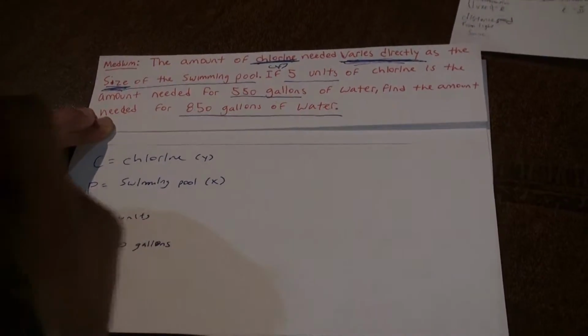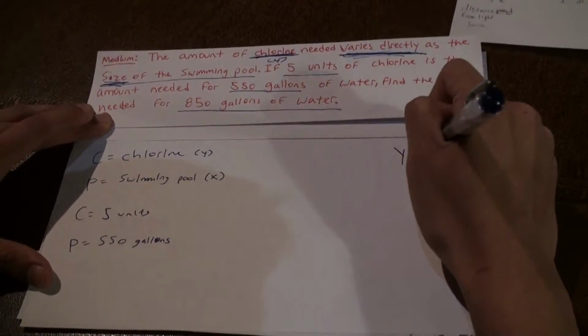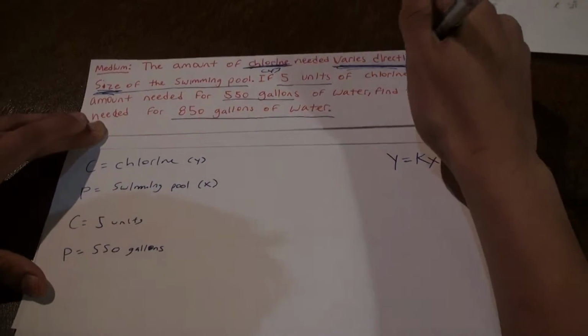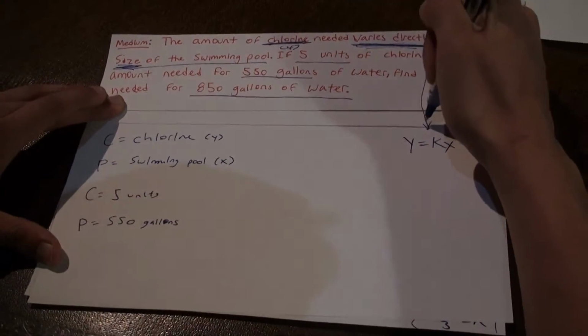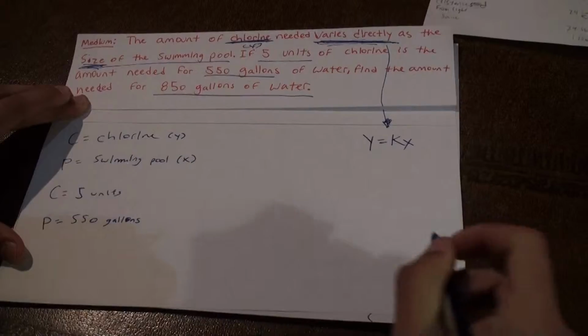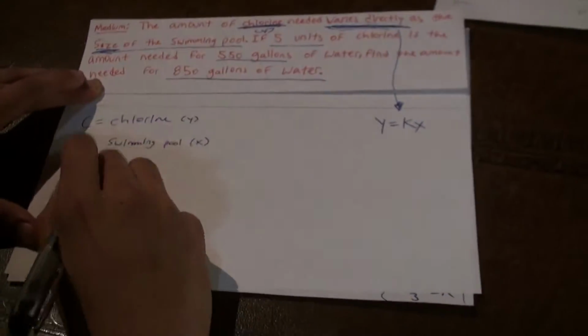And you would use your direct variation equation, because that's your indication. It says it varies directly.